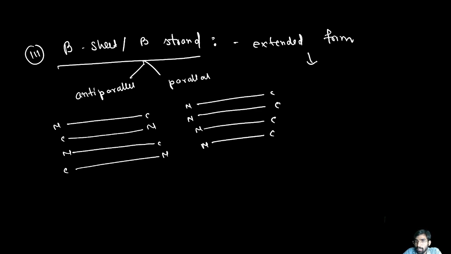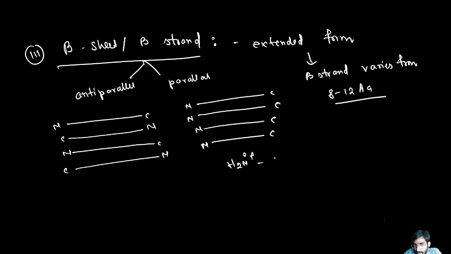In general, a beta strand varies from 8 to 12 amino acids. That's quite sufficient. It's not that lengthy. Okay. So for anti-parallel, what's happening here? Let's draw something.